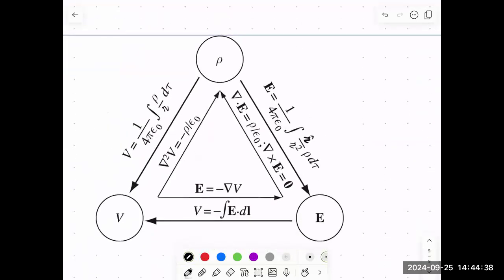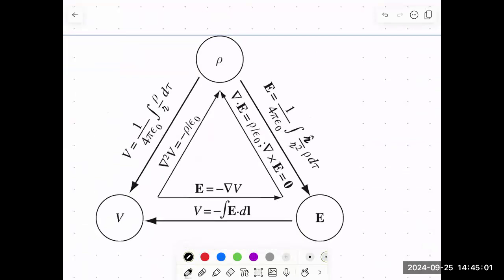So maybe let's talk about this picture so we don't have to keep moving it. This is a nice picture from the Griffiths textbook, directly from the textbook. What they're trying to show is that in electrostatics, you have three key variables.